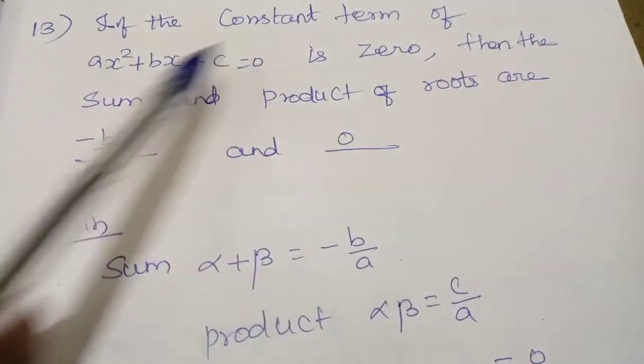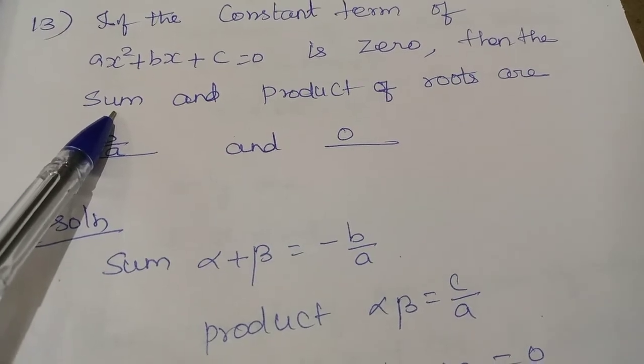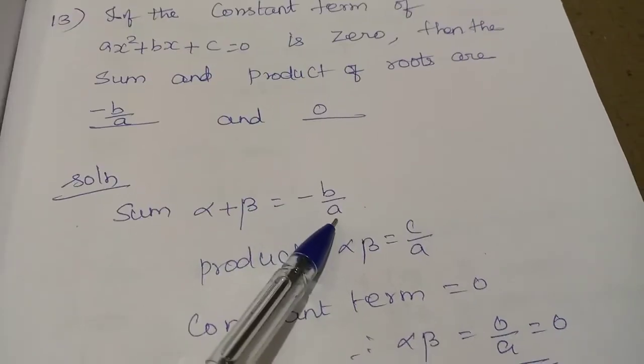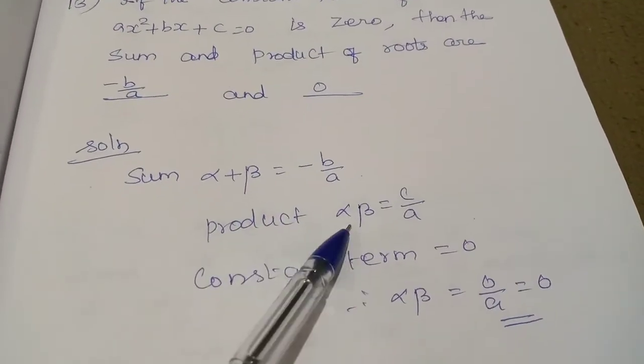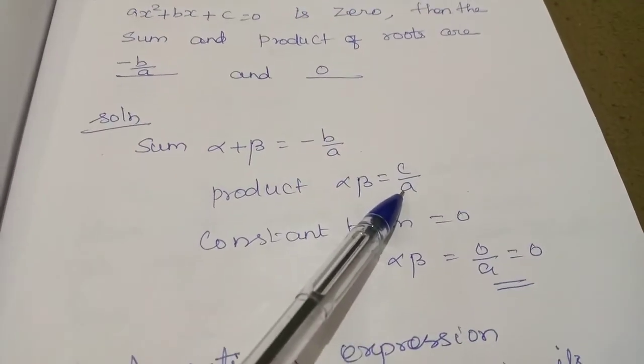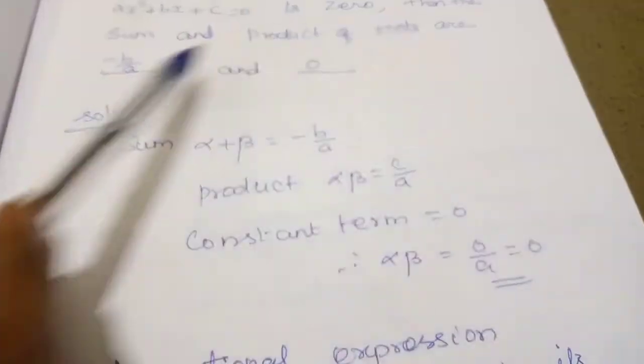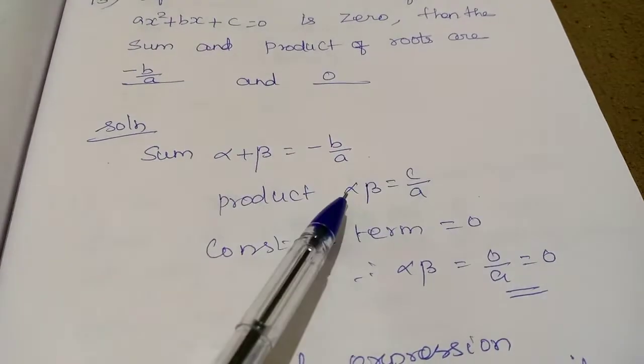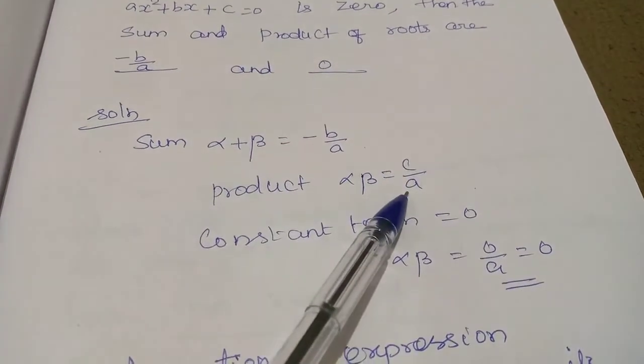We know the sum of the roots formula, alpha plus beta. What is the alpha plus beta formula? Minus b by a. Product of the roots is c by a. So the sum of the roots, the first answer, is minus b by a. What is the second answer? Alpha into beta is c by a is the formula.